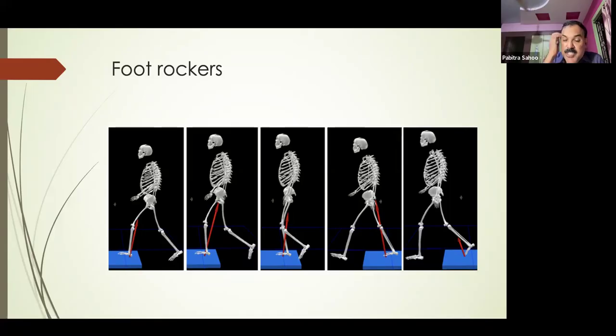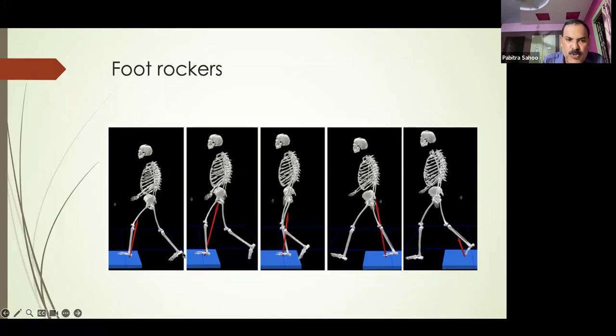If you see this picture, in the third rocker the body weight is transmitted more distally towards the fulcrum, so that the resistance arm becomes short and the effort arm becomes longer. The line of gravity will come anterior to the knee and posterior to the hip, thereby stabilizing the hip and the knee.